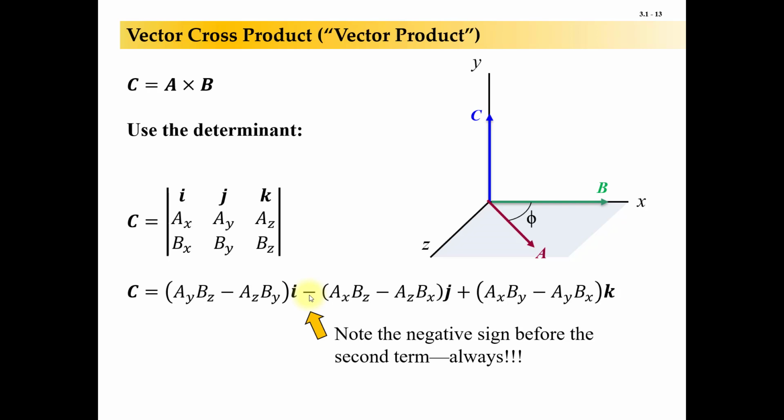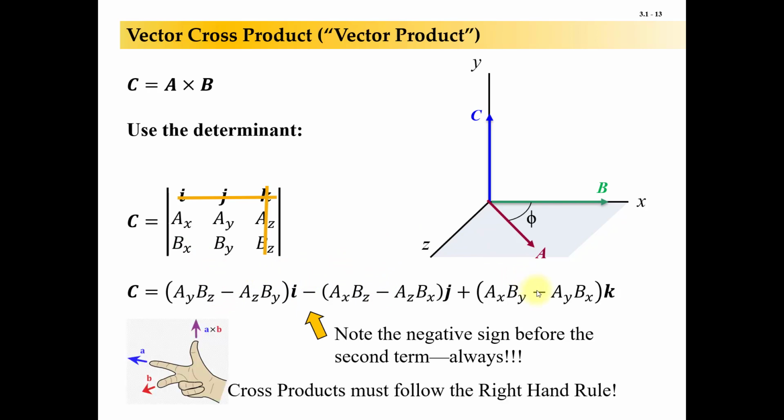It just means there's a negative sign out front. So if this is negative and these values are negative, it'll end up being overall positive, but you get the drill. Then a plus sign, and then vertical line through K, horizontal line through K. So then K is going to be multiplied times AX times BY minus AY times BX. So note all of these minus signs that show up in this work.